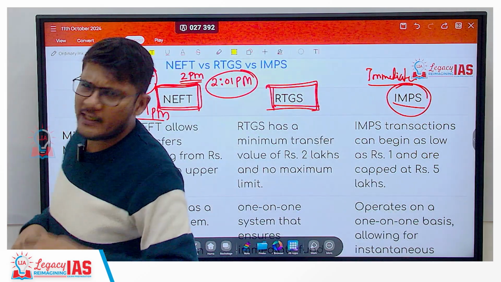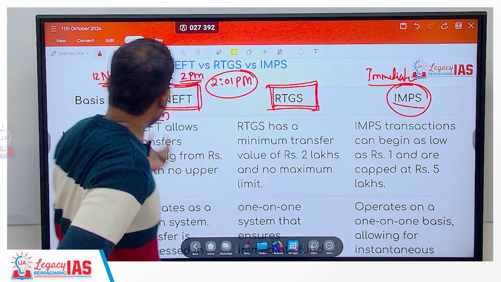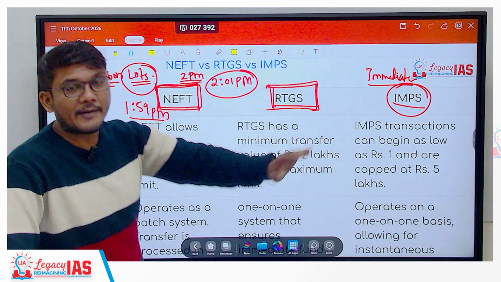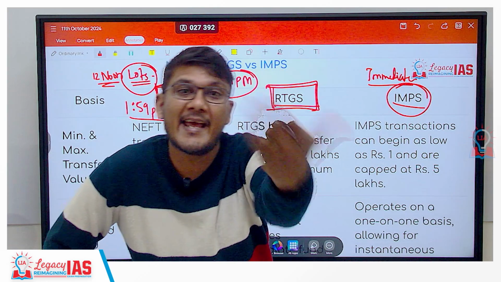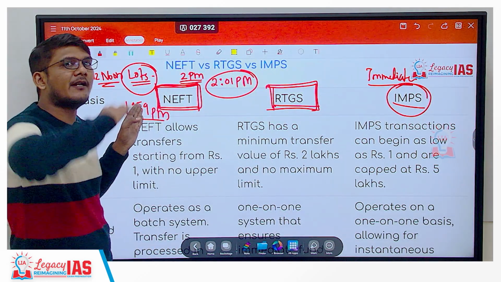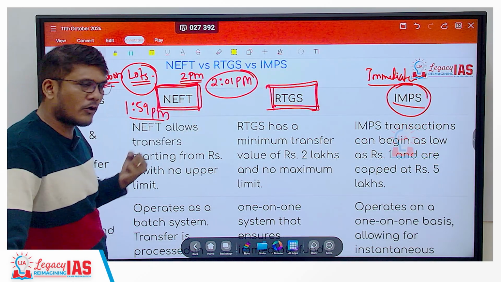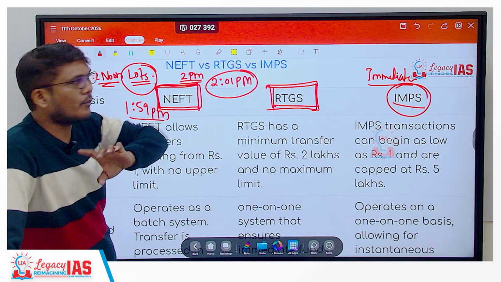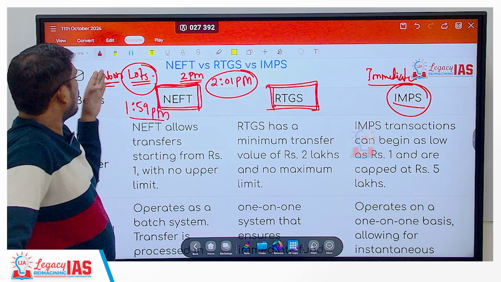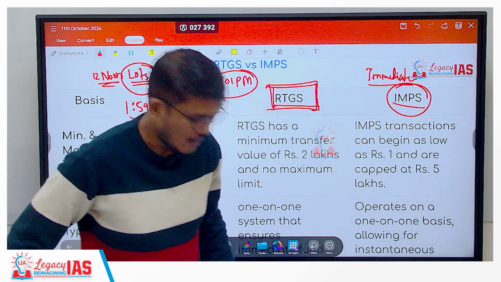In a lot, generally it can be 1 hour, 2 hour, 2.5 hours. So it happens in a lot. The cutoff time depends upon the time which they have set, you cannot know. So it is not like if I make it at 1:59, it will reach at 3:59. No. If the cutoff time is 2, if I've made it before 2, it will be done in 1 or 2 minutes. But if the cutoff time is 2 and I've made it at 12 noon, then it will take 2 hours to happen.